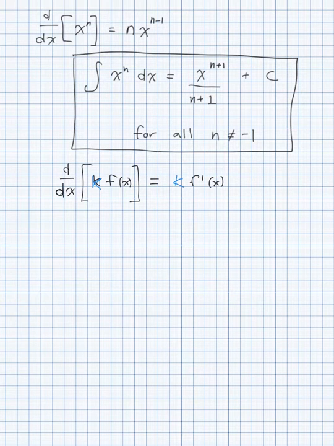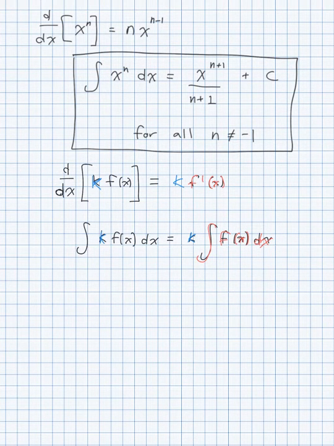And the same is true when we're integrating. If I'm integrating k f of x dx, then as we said before, that k can get pulled outside the integral, and it's the same as just multiplying k times the integral. So that's dealing with the constant multiplier.